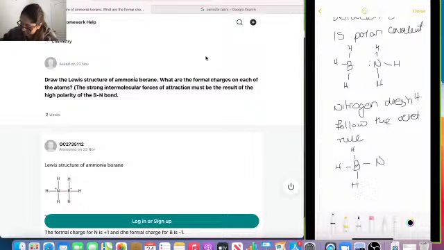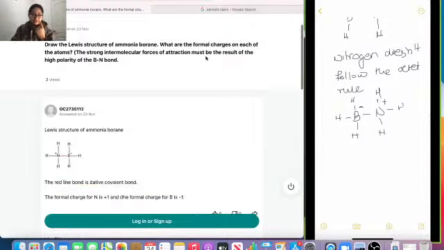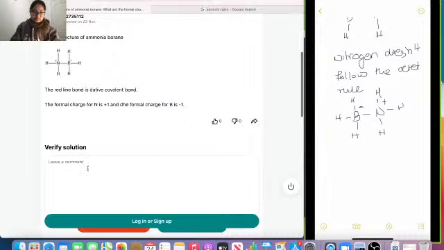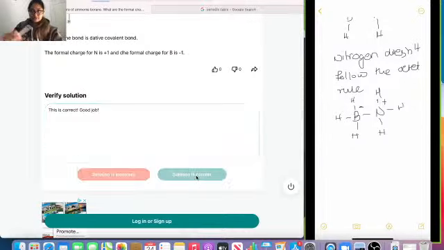Whereas nitrogen is just donating them, so this is why nitrogen is positive here and boron is negative. And so this is why the formal charges of N and B are +1 and -1. So this is correct. Okay, the solution is correct.